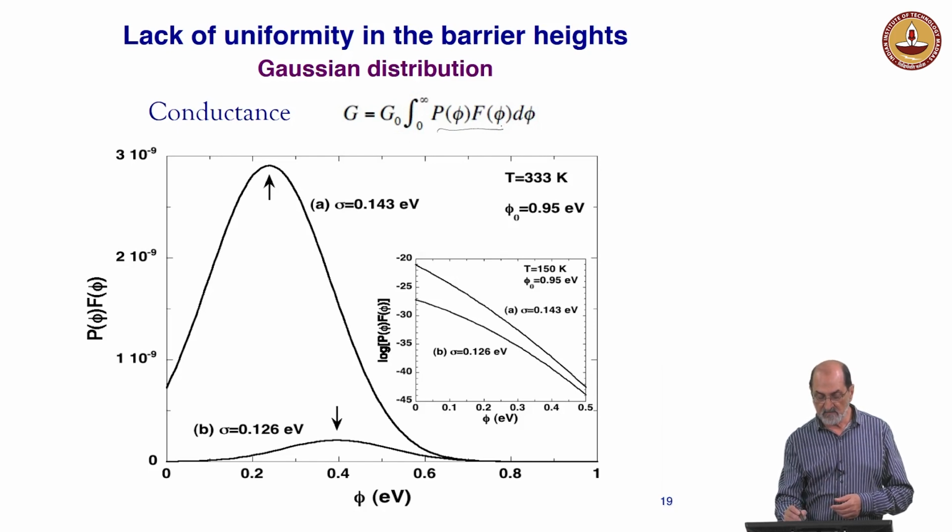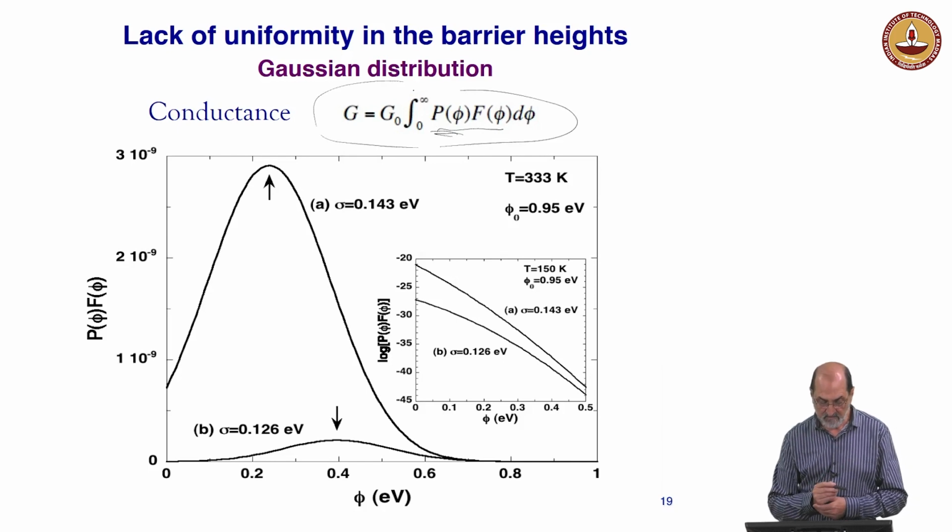That is, this is the Fermi-Dirac, which is telling me how many electrons are going to pass through that place, times how many of those heights we have. This is the distribution, the distribution of barrier heights. So the conductivity is going to be the integral of this. Okay.